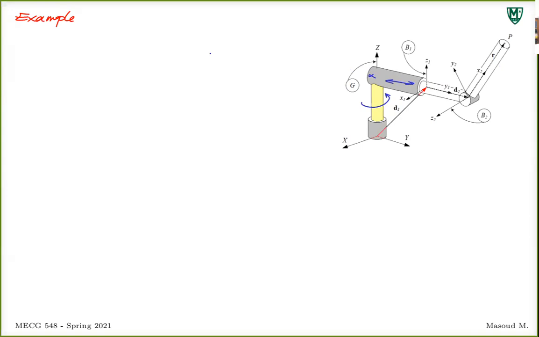And then we have another revolute joint, rotating around this axis Z2. So we have one revolute joint, the first link, then another link connected to the next link by a prismatic joint. It elongates and becomes long and short, basically in one direction.